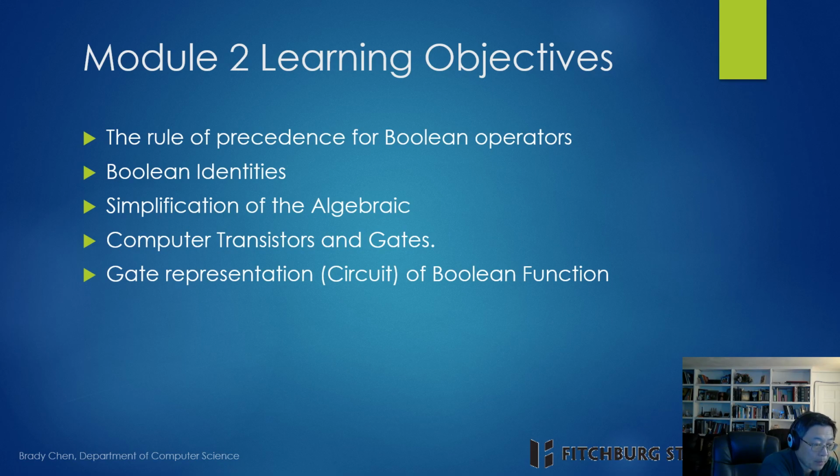Okay, and then we're going to talk about the computer transistors and the gates. So some kind of computer electronic devices that we can use to perform these Boolean operations. We're going to talk about a gate representation, or we sometimes call the circuit of Boolean functions.